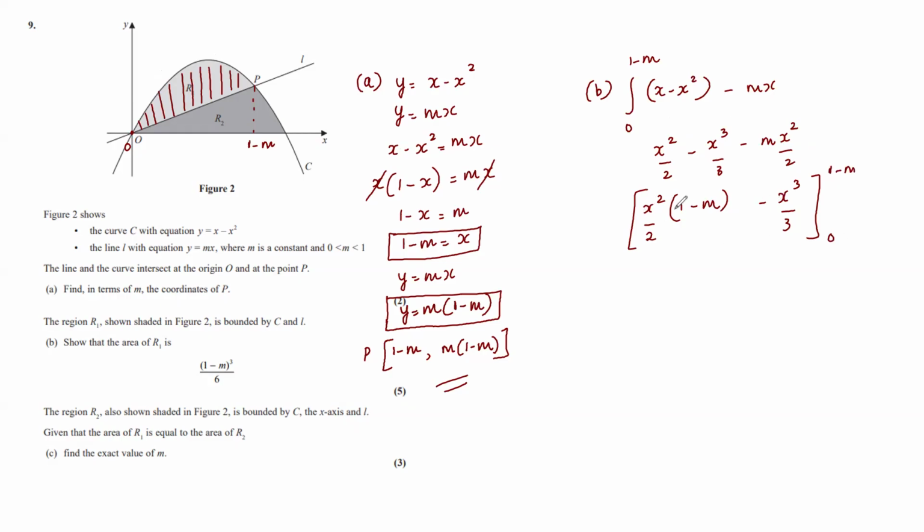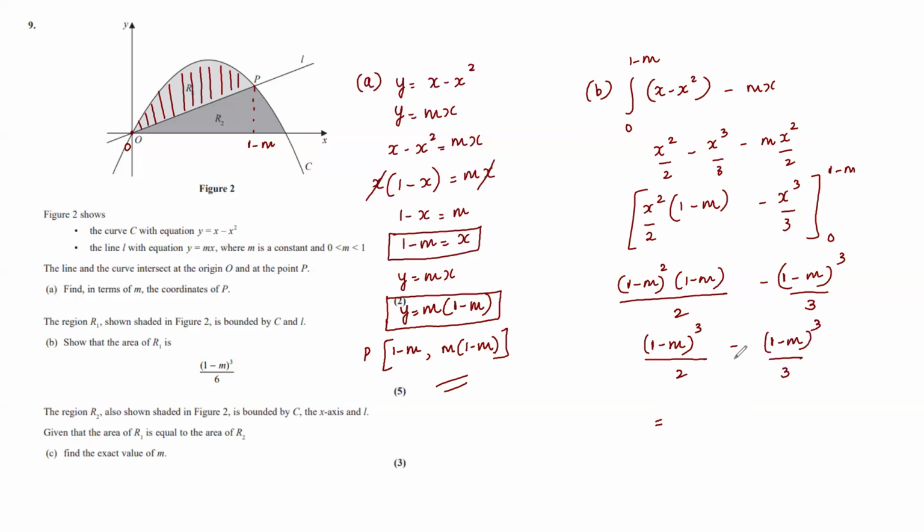Since we have x in both of the terms here, the lower limit we don't have to apply because it will give you 0. You just have to apply the upper limit. Wherever we have x, we replace it with 1 minus m. So x squared will be (1 minus m) squared times (1 minus m) divided by 2, minus x cubed, which is (1 minus m) cubed divided by 3. So (1 minus m) squared times (1 minus m) is (1 minus m) cubed divided by 2, minus (1 minus m) cubed divided by 3.